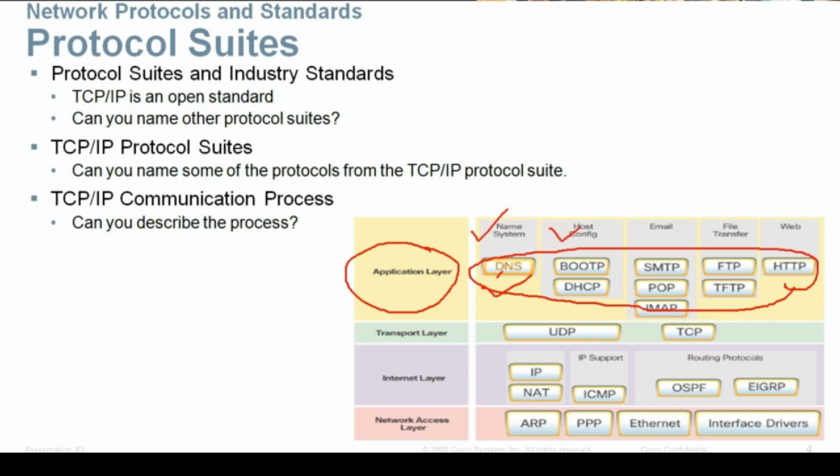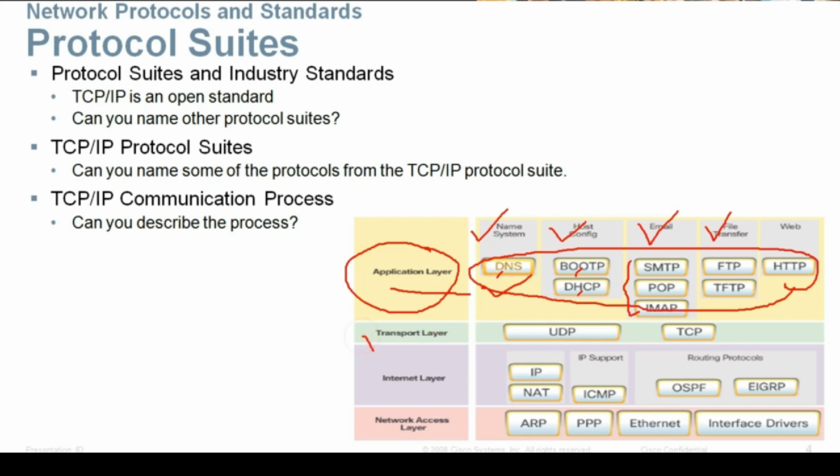If you want host configuration, you use either BOOTP or DHCP. If you want to prepare an email application, you use these three protocols: SMTP, POP, and IMAP. For file transfer, you use FTP and TFTP, and for web, you use HTTP. These are very popular and well-known protocols available in the application layer.